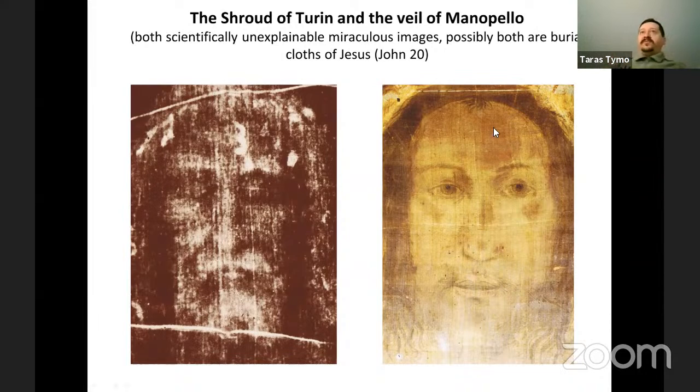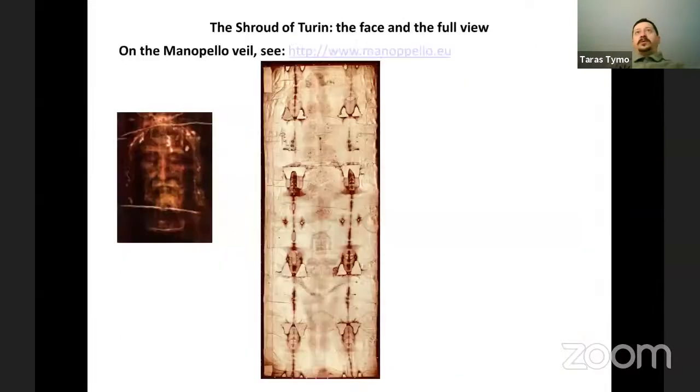And the veil of Manoppello is very thin and very fine, unlike the shroud, which is like rough linen. And so maybe when Jesus rose from the dead, his risen face was imprinted on the veil that was immediately covering his face. Who knows? This is just, of course, a wild guess, but as good as we can make based on the real evidence we possess.